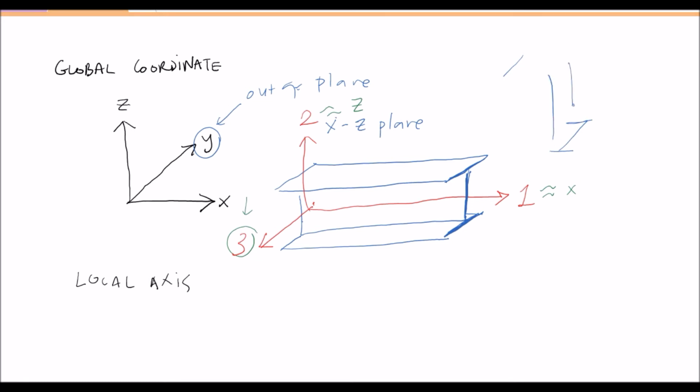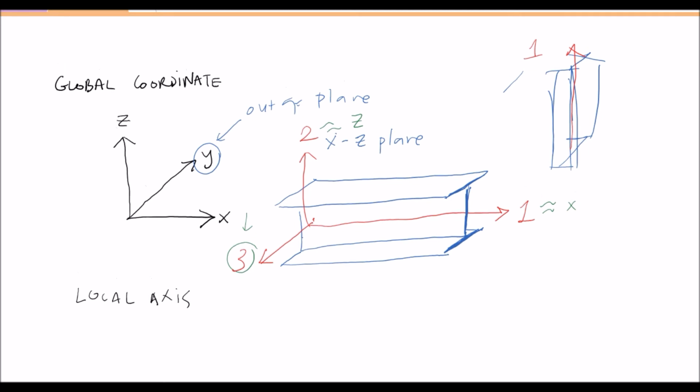For columns, if you are going to analyze columns later, a column is a vertical member. So axis number 1 is along the length, axis number 2 is again within the plane, and axis number 3 is out of plane.